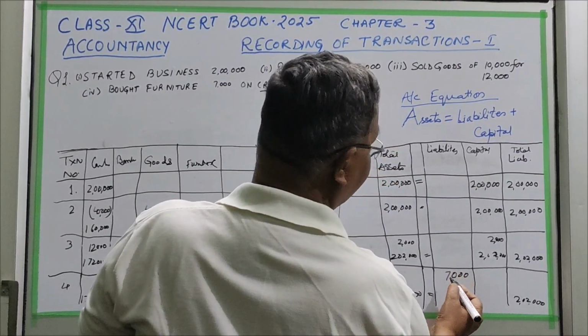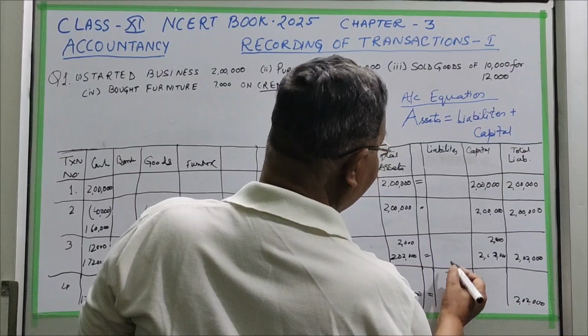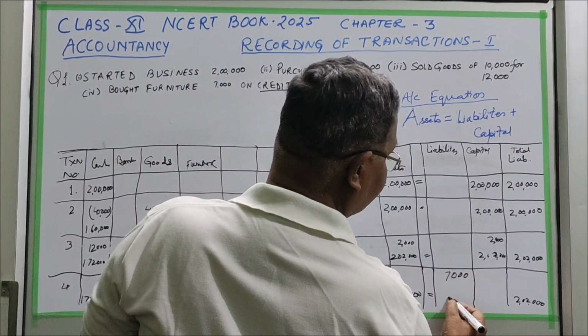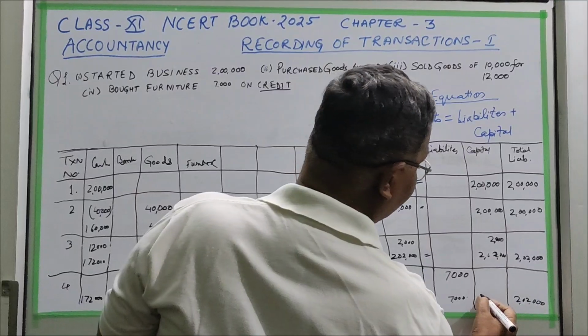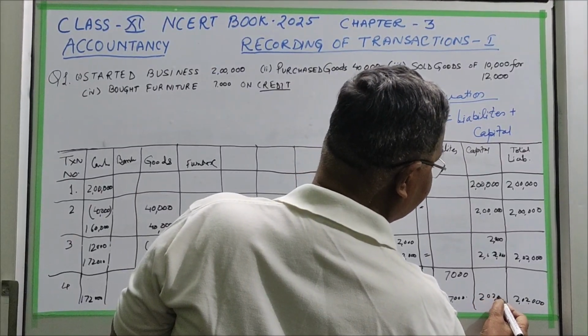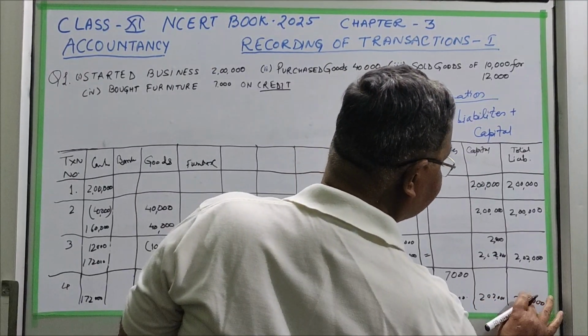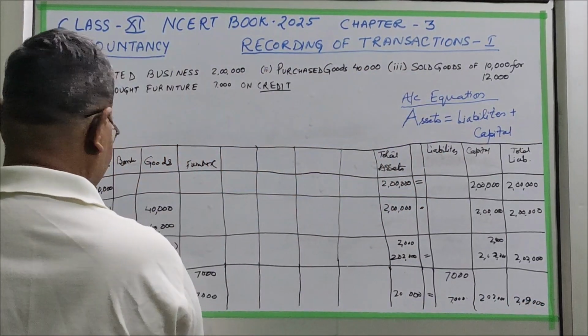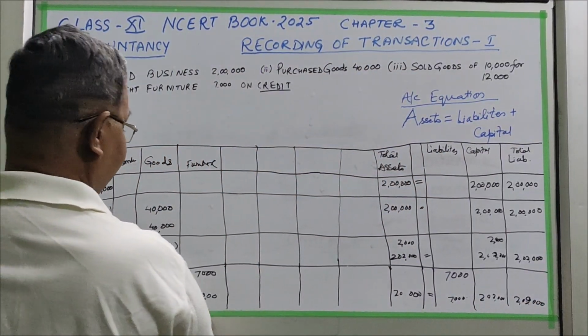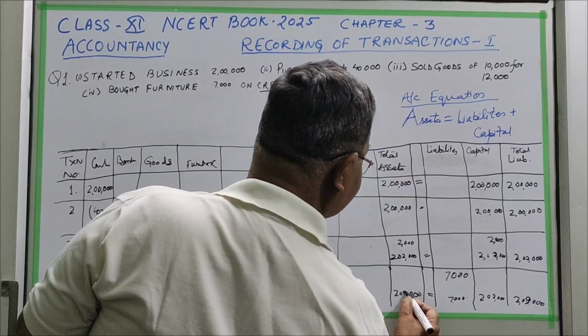Okay. So by this, what will happen? Here in this column, the 7,000 will come, and here 2,02,000. Altogether it will become 2,09,000. And here you see, 2 or 7, 9. It will become 2,09,000.